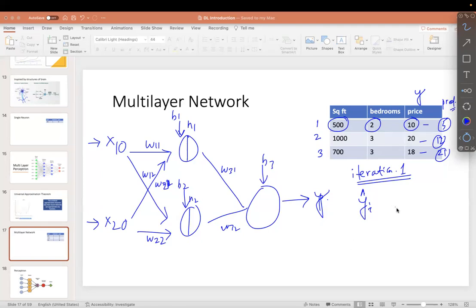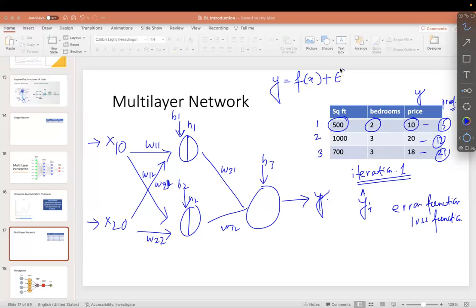To do that, like any machine learning model, we need to define something called an error function, or we also call it a loss function. In machine learning and deep learning, we can always learn a function, but it will always approximate with some amount of error.